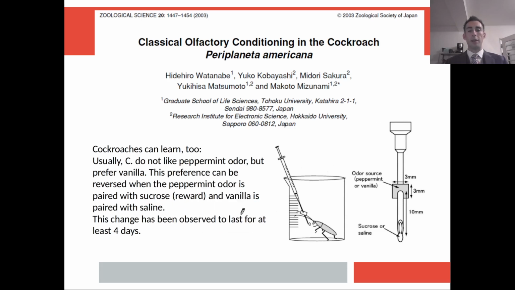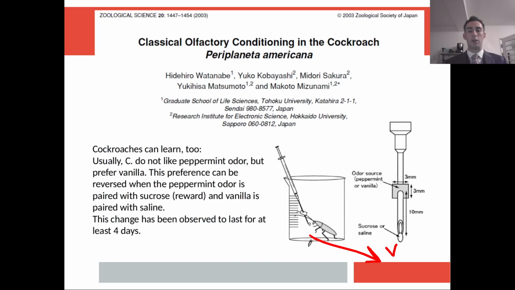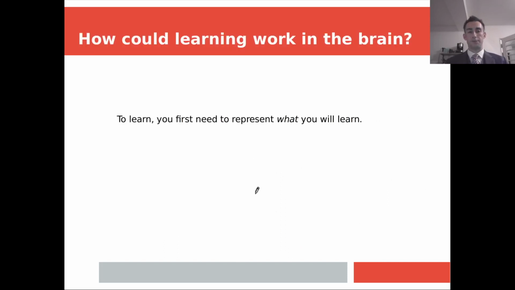By doing that repeatedly, you'll get the cockroach to walk towards smells of peppermint and walk away from smells of vanilla, whereas the normal situation is they walk towards vanilla and away from peppermint, right? So you can switch preferences of the cockroach via classical conditioning.